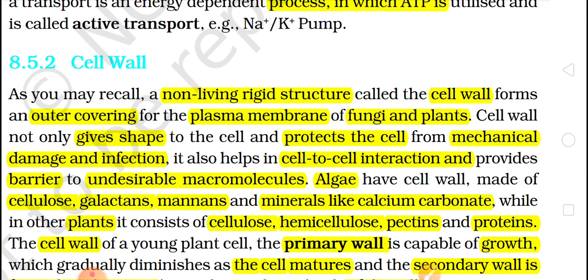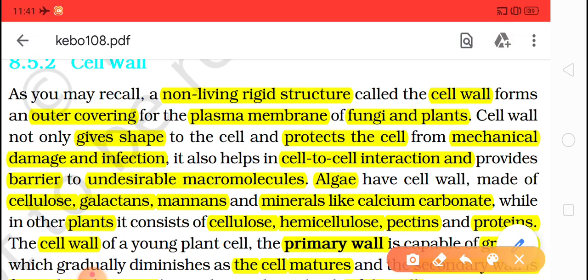Cell wall, you know very well, is the outer covering that covers the plasma membrane of fungi, plants and bacteria. So we can say that the cell wall is a non-living rigid structure that forms an outer covering for the plasma membrane.